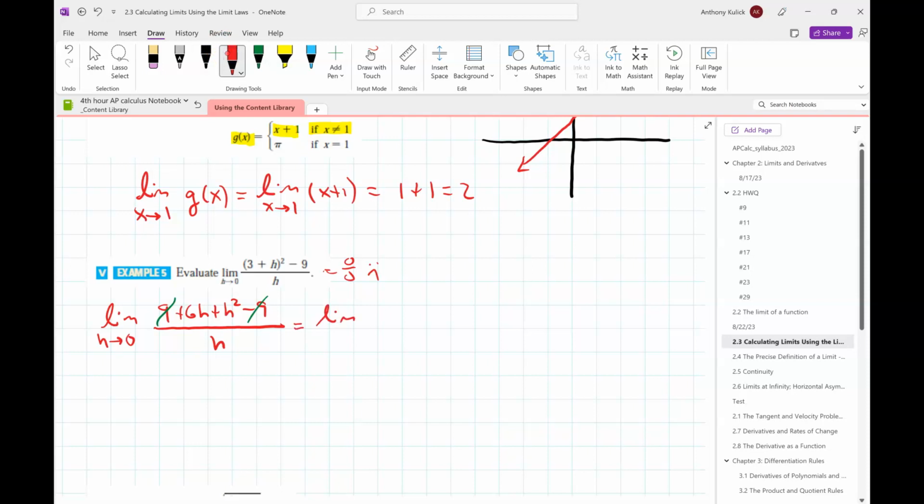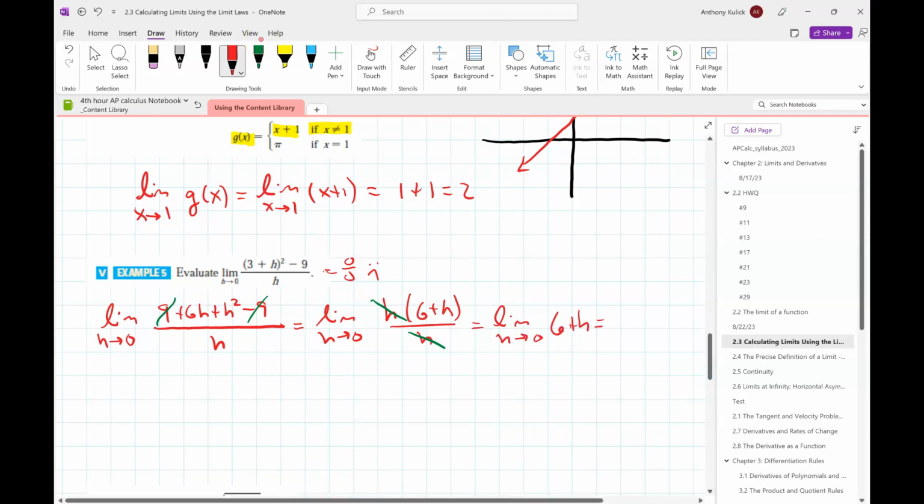What else do we notice? Can you factor more? You can factor out an h. Yeah. And now we can just reduce, since we know that it doesn't affect our limits. And if I do my direct substitution, I get 6. Yay!